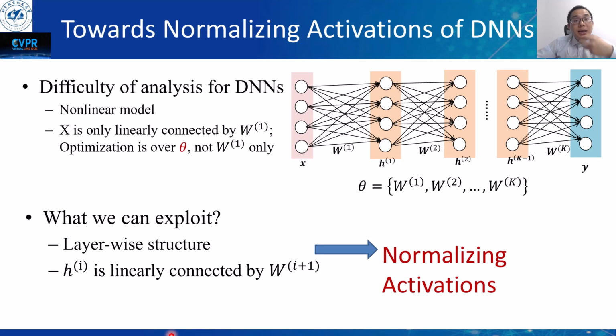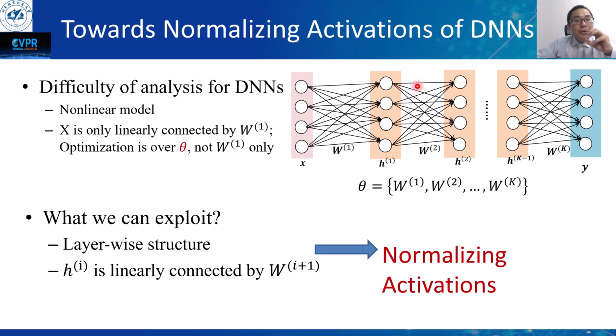So, let's further discuss the normalization techniques in deep models. These theoretical results for linear models do not directly apply to deep neural networks because deep neural networks are nonlinear models, even though they include layer-wise linear transformations.